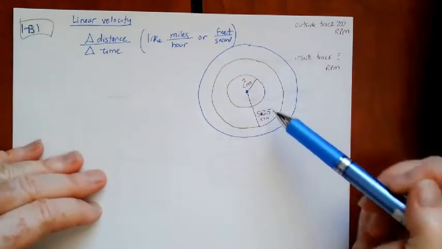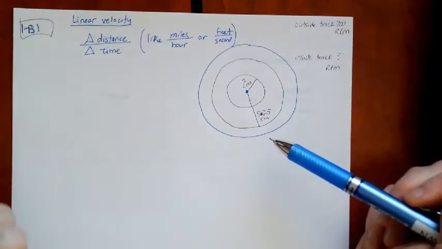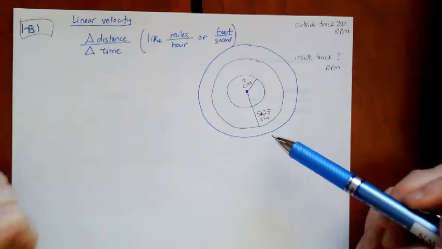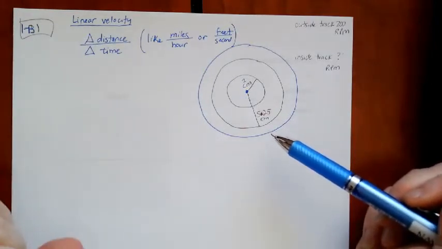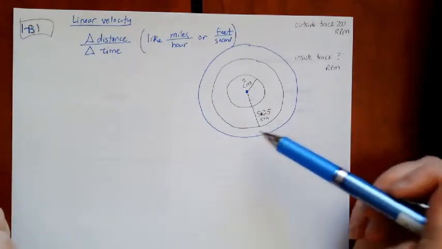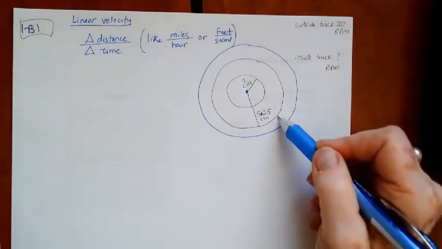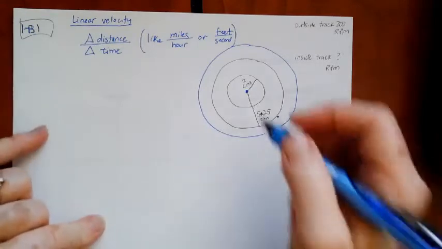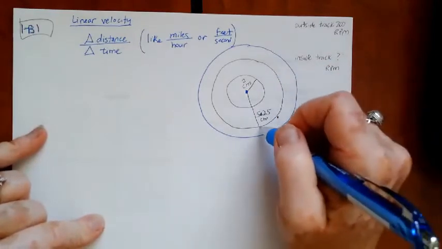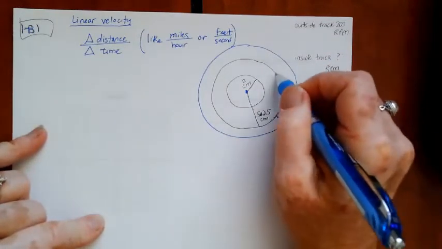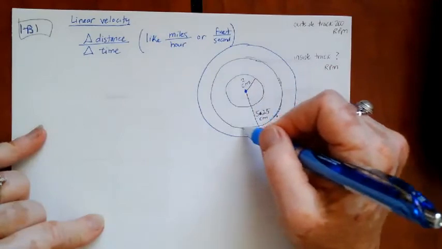They're asking us in 1-131 letter C, how far does a point on the outside track travel in one rotation? That is, how many centimeters per rotation are there? So if I start here and I go around this outside track, how many centimeters is that?